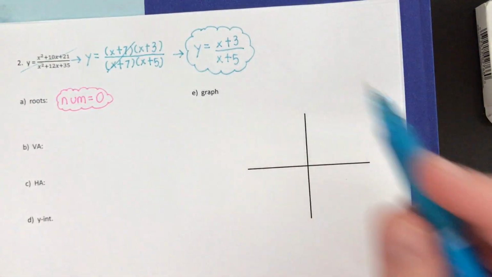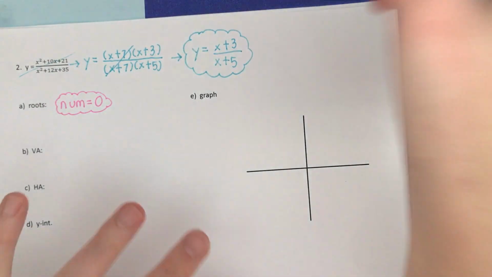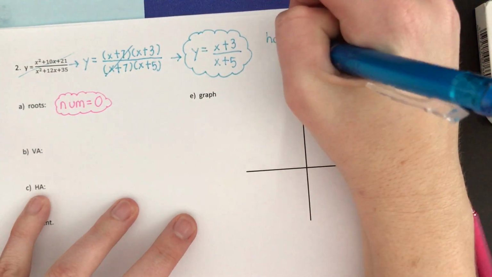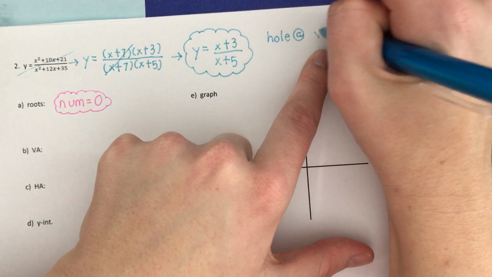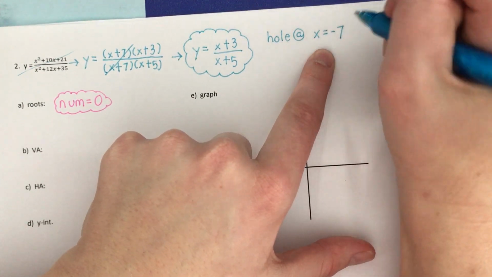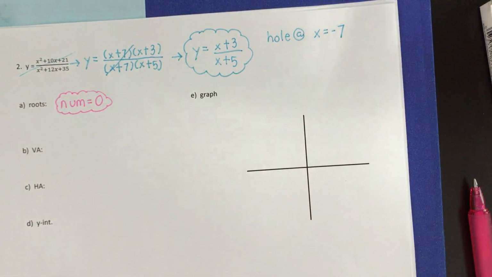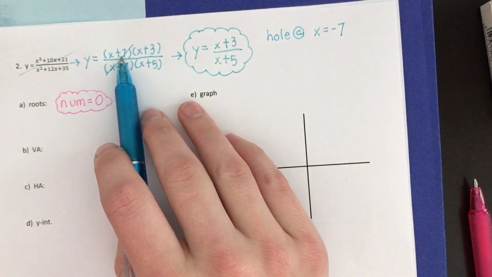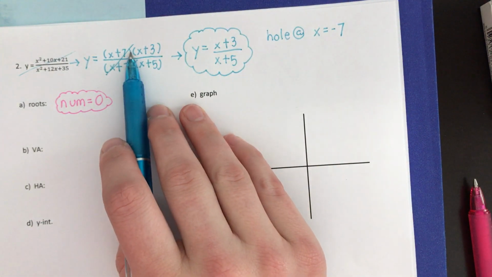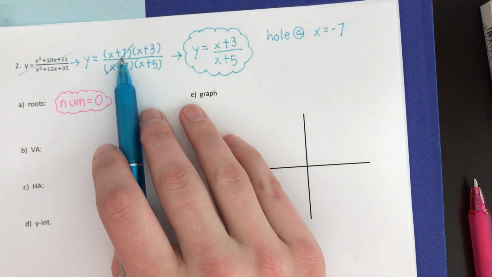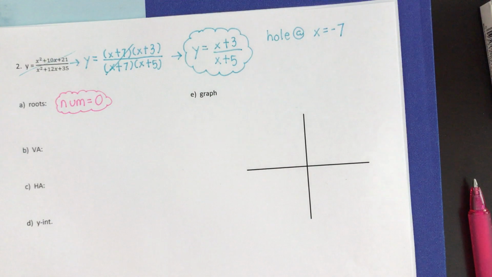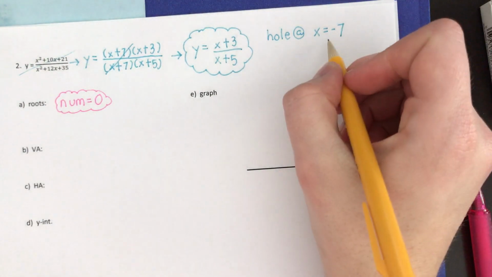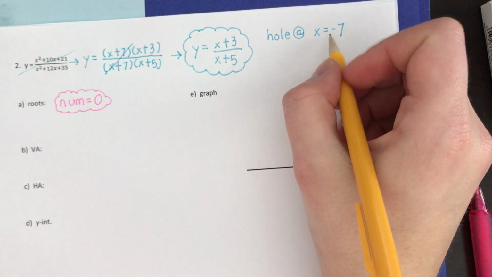Okay, so what has this just told us? Well, this just told us that we have a hole at x equals -7, because the factor that canceled is x plus 7, and if you solve for x, you would get -7. I would like to find out the y value for where this hole is.